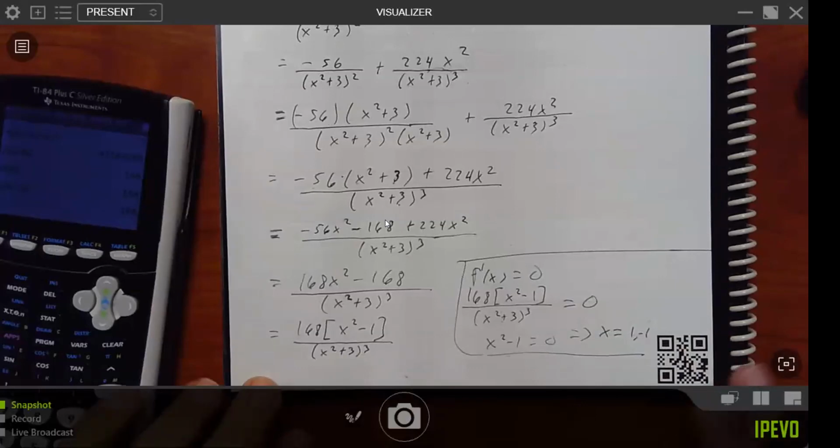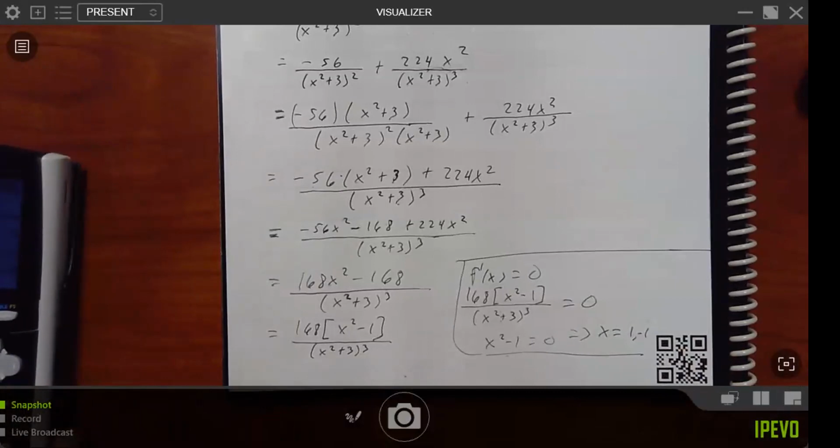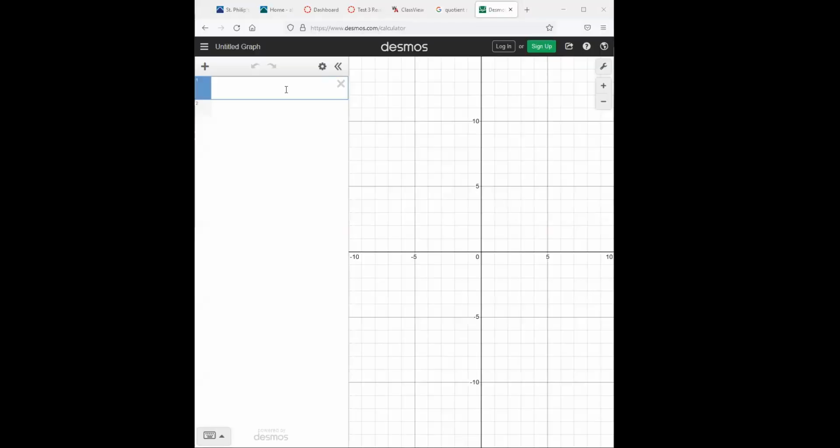So the question is, where are we concave up and down? I think it'll help to graph it just so we can see. Our original function is 28 over x squared plus 3.